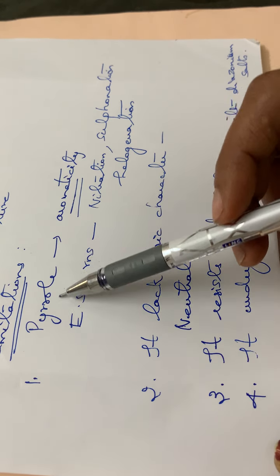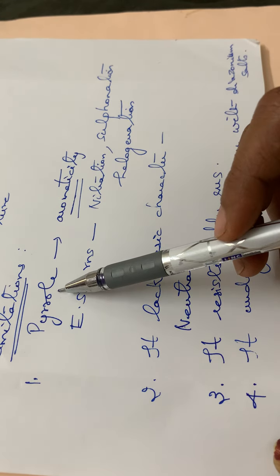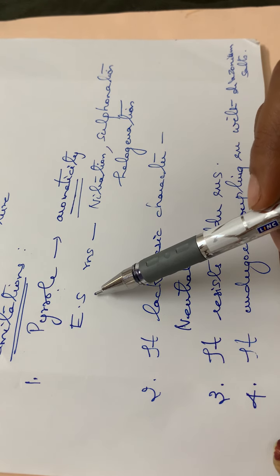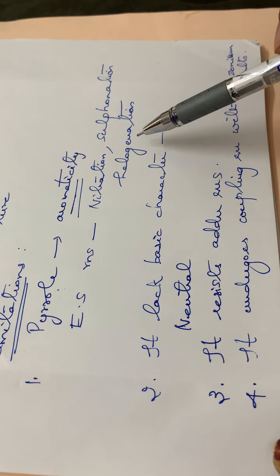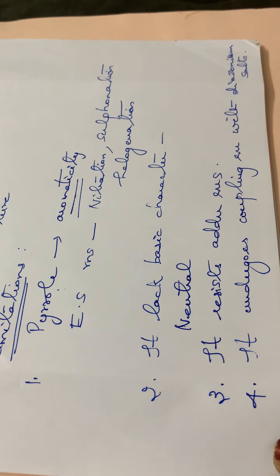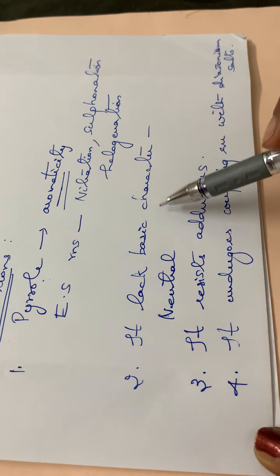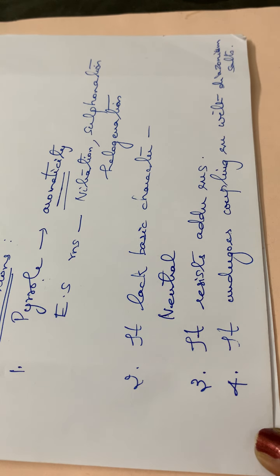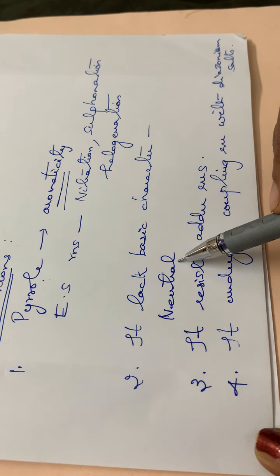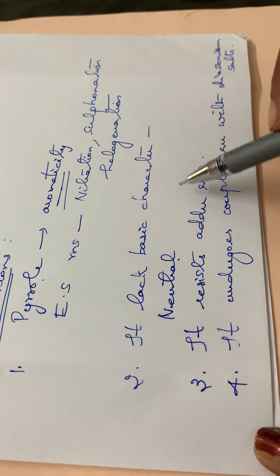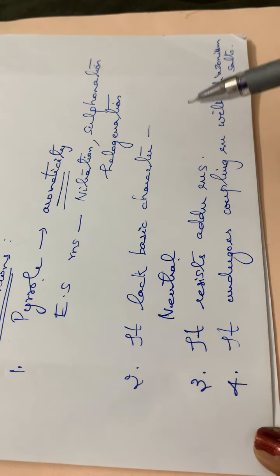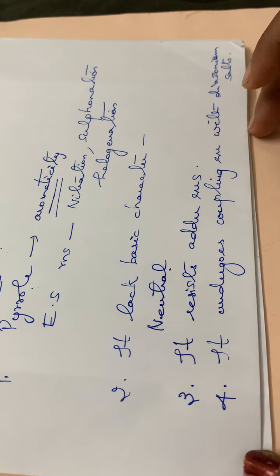So this diene structure cannot explain the aromatic nature of pyrrole, and as per this diene structure it would give only electrophilic substitution reactions. Then the next is it lacks basic character. Normally pyrrole does not have a basic character, it is almost neutral, and that point cannot be explained by this diene structure. Then the third point, it resists addition reactions.